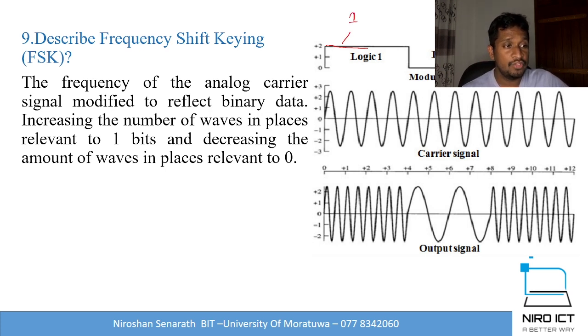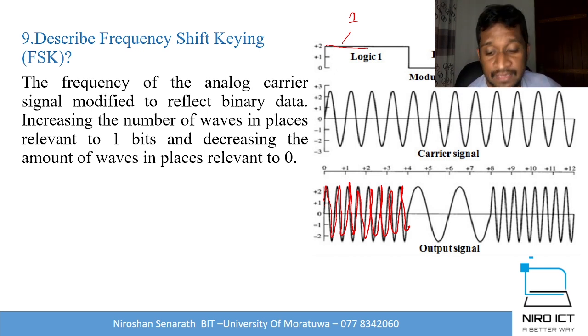In there you have to increase the number of waves, that means increase the frequency of the signal, like this. And if you find low voltage places which are equal to 0, what should you do? Then you have to decrease the number of waves, decrease the frequency. And that is a method that we can follow with the frequency shift keying.